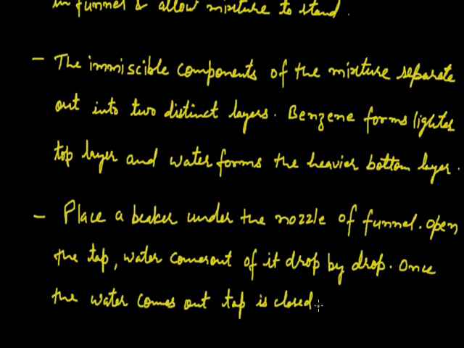After water is drained out, another conical flask or beaker is placed under the nozzle of the separating funnel. Then the tap is opened to drain out the benzene.